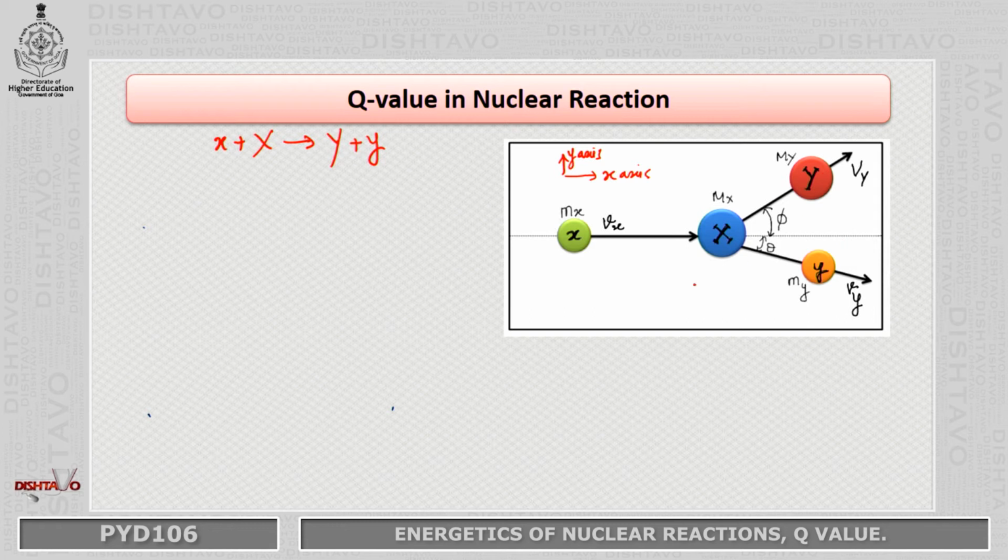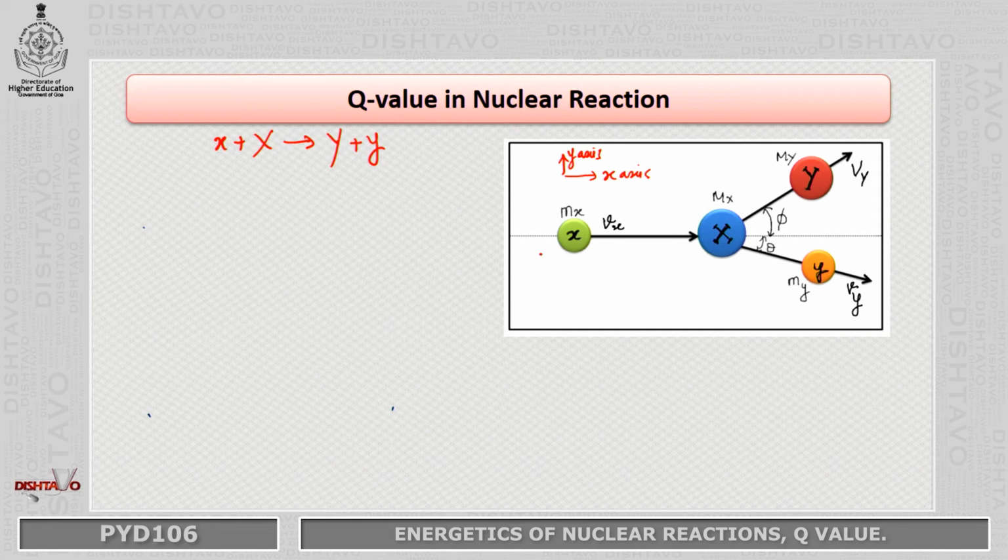Now using this we will try to find out the Q value of this reaction in terms of the kinetic energies. So to do that, let us write the law of conservation of momentum for this reaction.